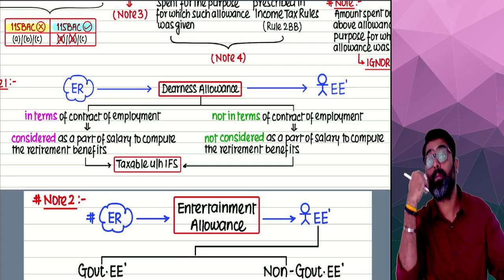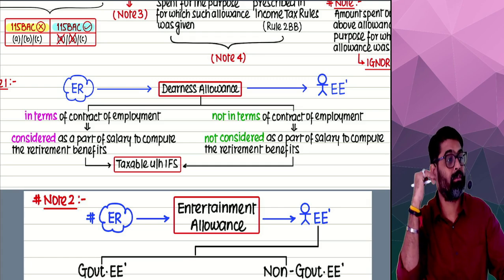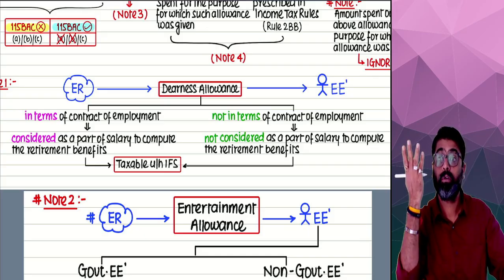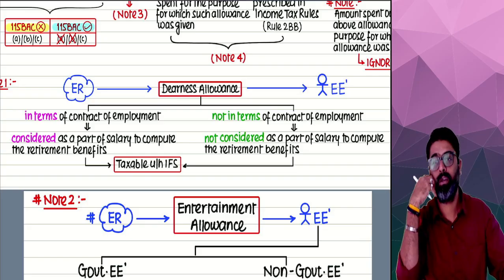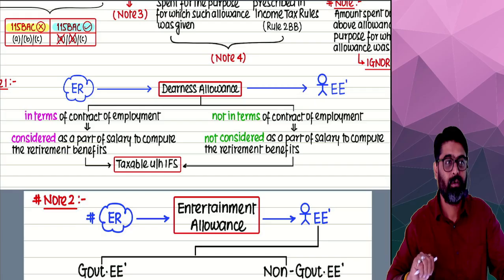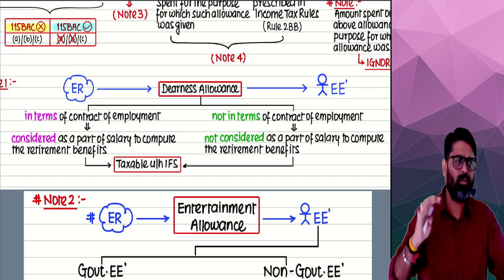So I will have to give less retirement benefits, and I will save in lakhs. Because retirement benefit will not be a small amount, it will be huge. So if I don't write the DA in the terms right now, I will save lakhs. Getting my point?